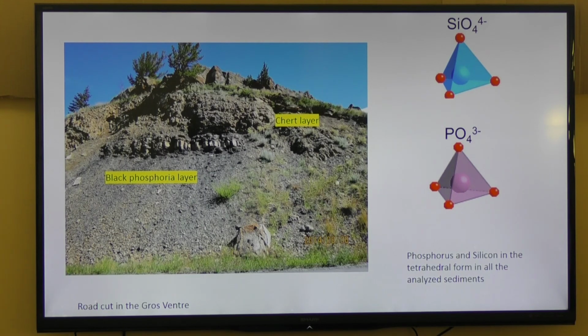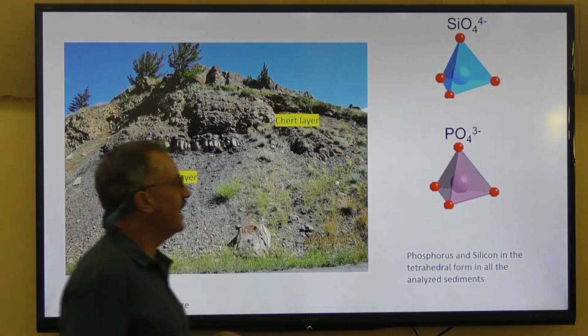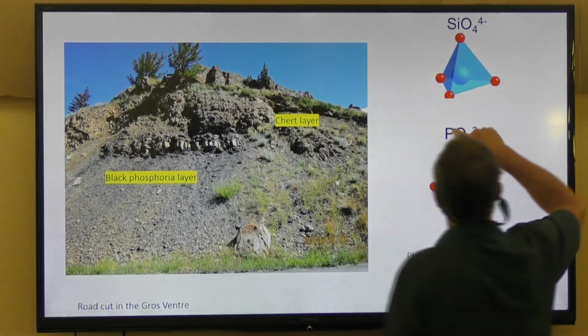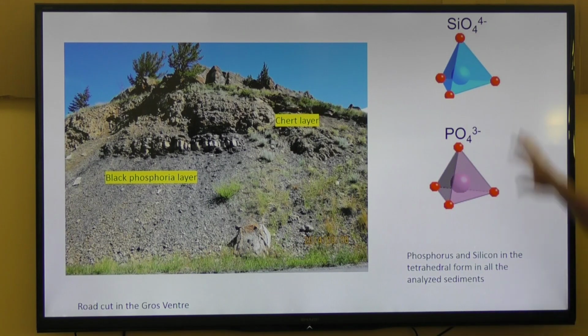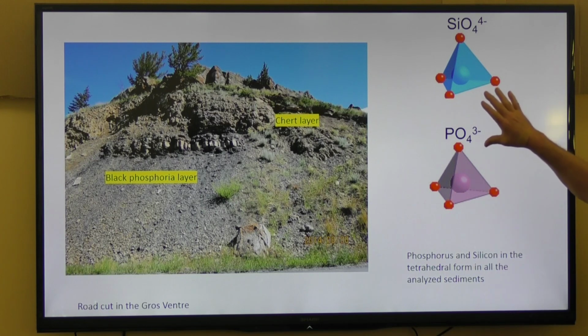Okay, so we're going to talk about the silicates and phosphates, and in everything I've seen in nature, these don't change their oxidation state. The phosphorus and the silicon are always in this form, these tetrahedrons. If you put these next to carbon or iron, they're not going to oxidize or reduce them. They're very unreactive.